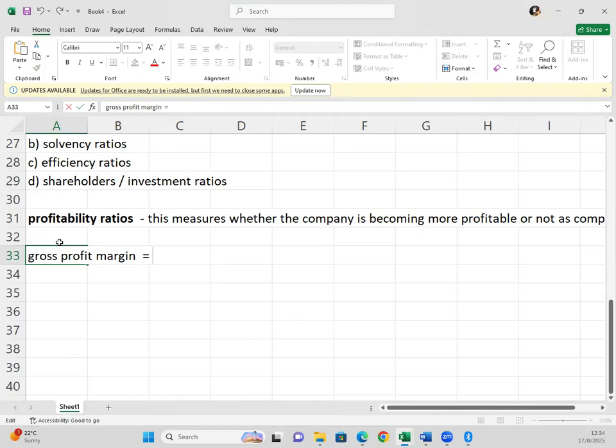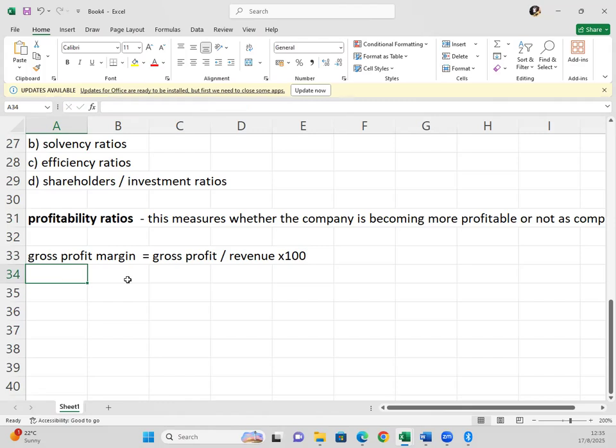The first ratio is the gross profit margin. The formula for the gross profit margin is the gross profit over revenue or sales, times 100.